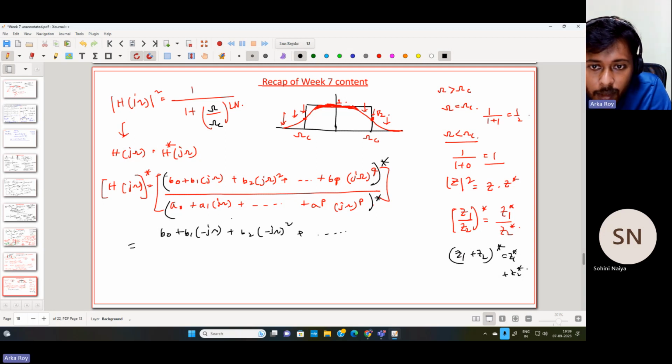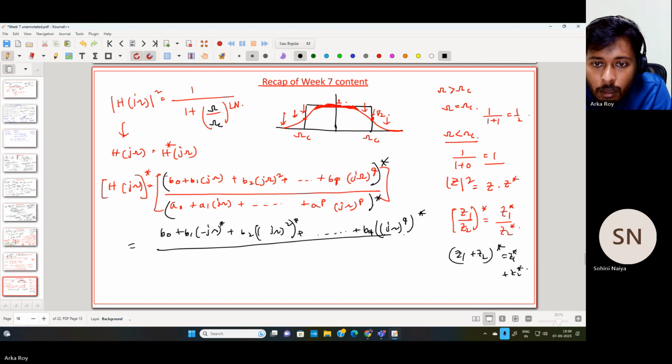Instead of that, let me start writing in terms of star itself. So star, and then jω plus (jω) squared, and I can take the star over here, and then bq (jω) to the power q, and then I take the star.